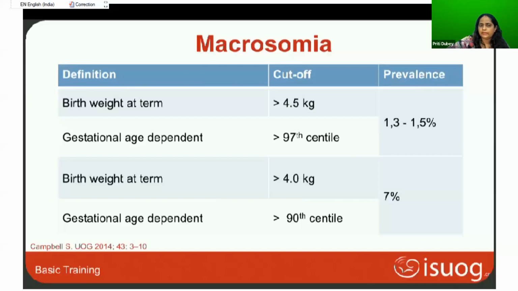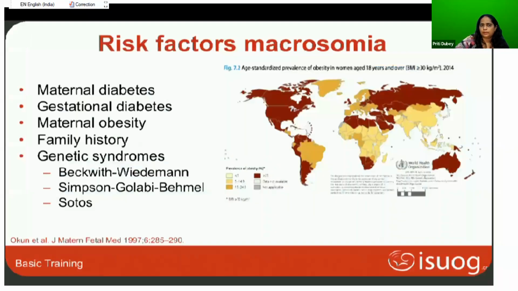As per Indian quantification, we take any birth weight at term more than 4 kg, or if it is gestational age dependent, at any period of gestation, if the estimated fetal weight falls beyond the 90th centile, then we call it an LGA or macrosomic baby. Whereas in Western countries, it is birth weight more than 4.5 kg, or gestational age dependent, more than the 97th percentile, that is known as a macrosomic baby.